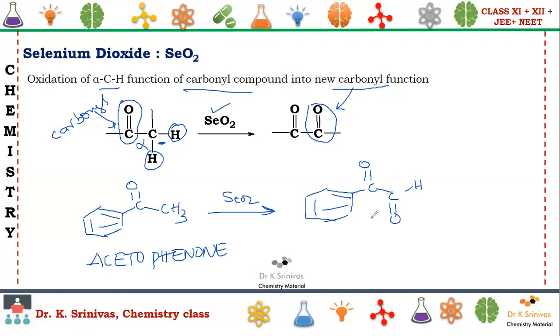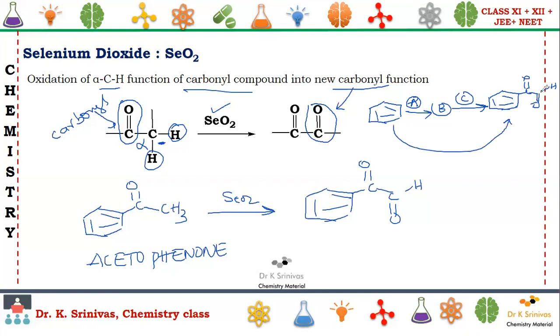In your competitive exams, how are they going to ask? They will give benzene, which on reaction with A gives B, which on reaction with C gives this compound. Then you should be able to identify what A and B are. They'll give a hint like only this part.